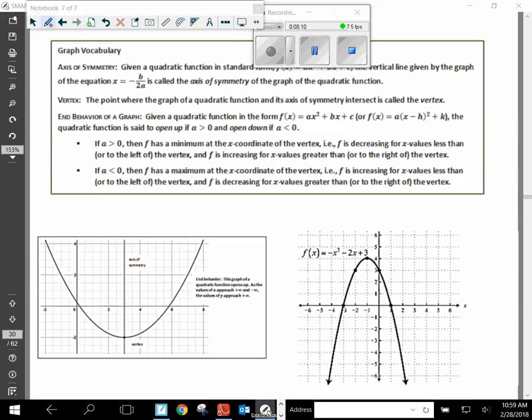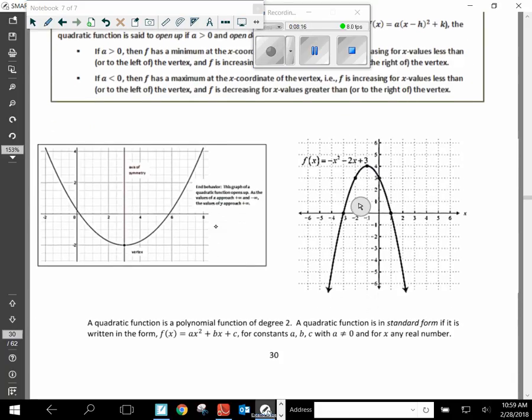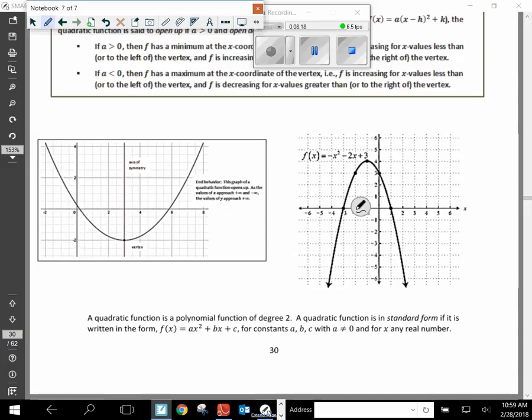Essentially what I wanted you to get from that reading, let me move this up a little bit so you can see better. Quadratics make a shape called a parabola. It's this U-looking shape. It can either open up or open down.